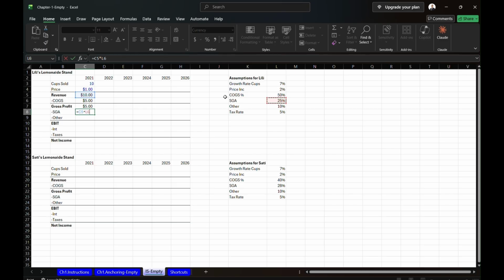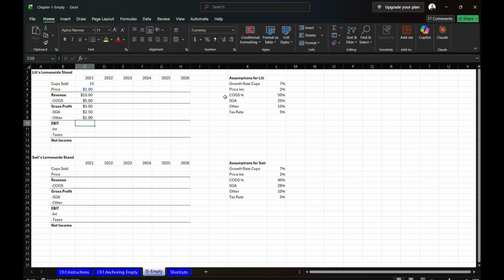I'm going to anchor the column by hitting F4 3 times, enter, and then same thing for other. Revenue, multiply, 10% in this case, anchor the column, enter. And that is our SG&A expense and our other expense.